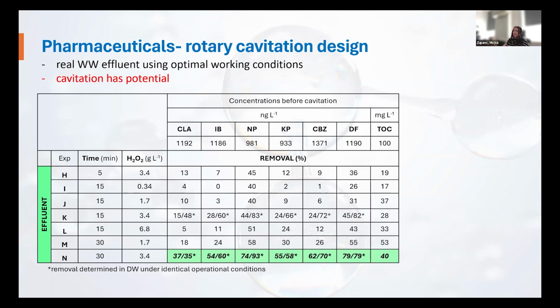And again, we can see that these treatment conditions influence the degradation. At 15 minutes and 3.4 grams per liter of hydrogen peroxide, we already achieved quite good results, even in more complex water. But by prolonging cavitation time to 30 minutes, the degradation that we achieved was close to the one achieved in simple matrices.